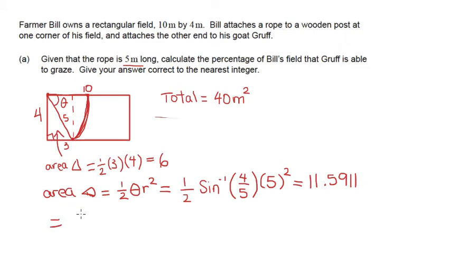And your area of your triangle, that is the portion that Gruff can graze on. So the percentage is going to equal the area of the sector plus the area of the triangle, so let's just add those two together, 17.5911 divided by the total area of the field.